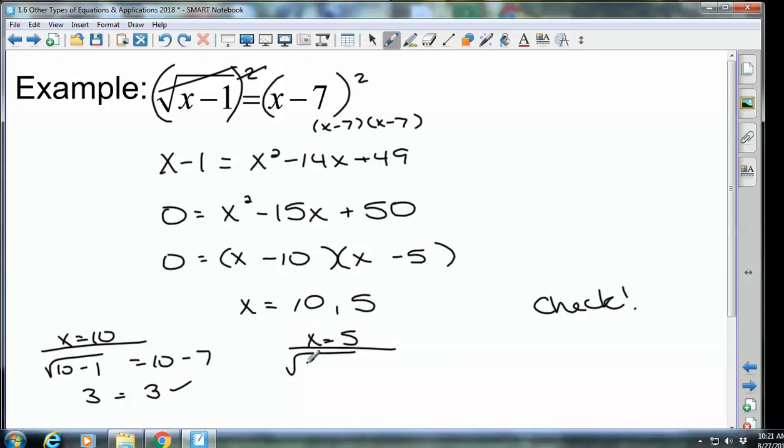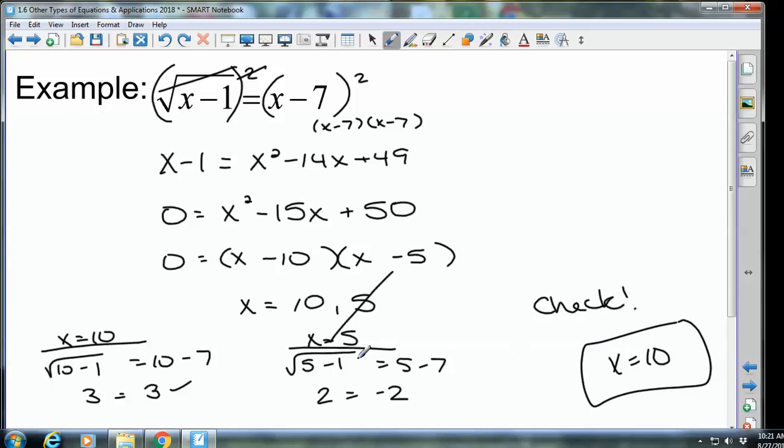If you check 5, 5 minus 1 is 4, square root of 4 is 2, 5 minus 7 is negative 2. That one does not work. So x equals 10 is actually the only answer because the 5 did not check. Any questions?